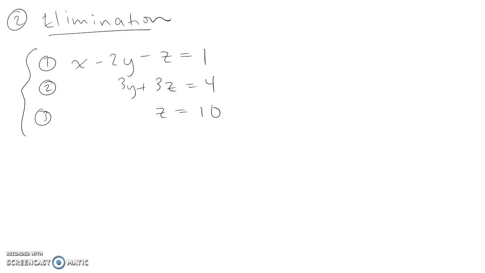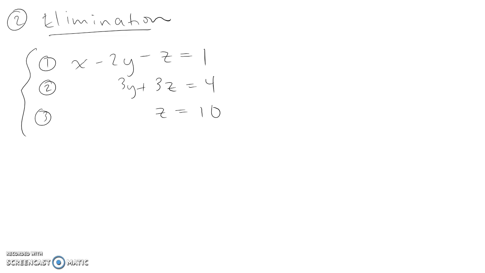Remember, this is a different system, because I erased some things. So z is 10. Then I could plug the 10 in for the z here, find the y, and then once I had z and y, I could plug them in for the y and the z in equation 1, right? Wouldn't it be nice if we could make our system look like this?